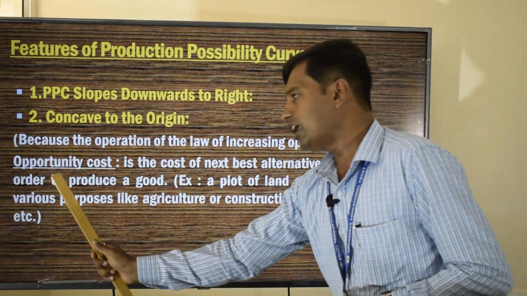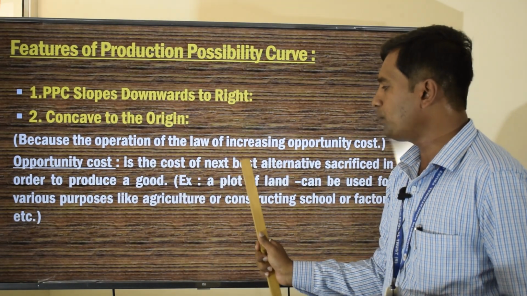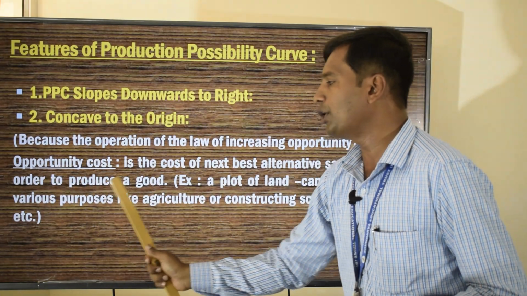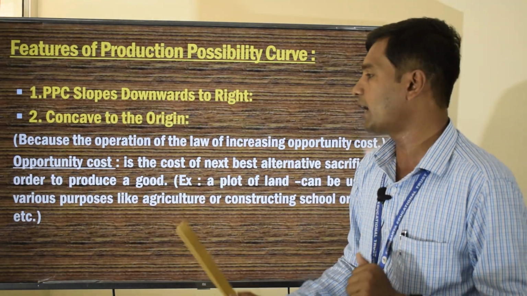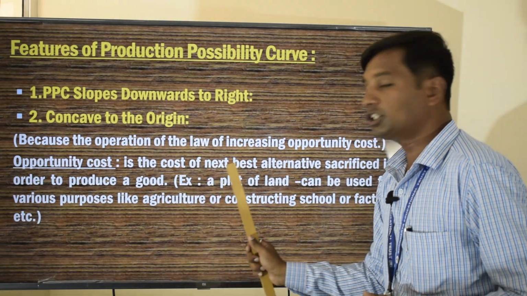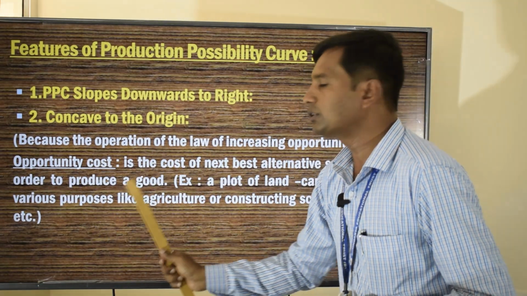See, I have given the meaning here. Opportunity cost is the cost of next best alternative sacrificed in order to produce a good. I repeat once again. Opportunity cost is the cost of next best alternative sacrificed in order to produce a good.